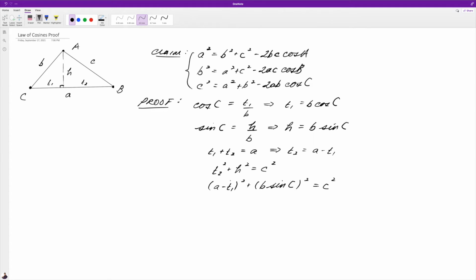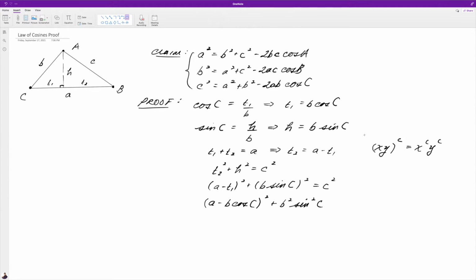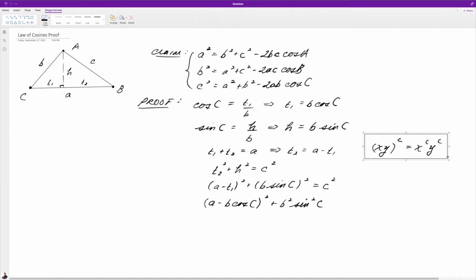We don't want T1, so let's swap that out with what we know it's equal to, B cosine big C. So we're going to have A minus B cosine big C, all, of course, still squared, plus B squared sine squared C. Notice here I'm just using the property that if you have x times y and you raise it to the c power, both of those factors in the product are applied the power. That's a very important property of exponents, so let's put a box around that. And then, of course, that's all equal to c squared there.